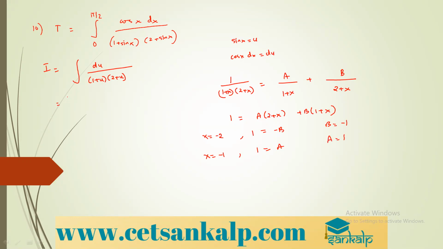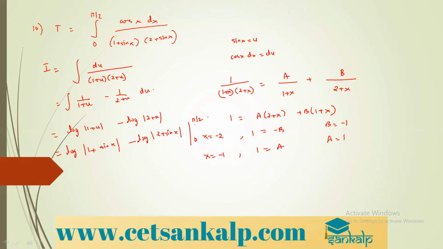That means the integral can be written as 1 by 1 plus u minus 1 by 2 plus u du. It will be log of 1 plus u minus log of 2 plus u, or log of 1 plus sine x minus log of 2 plus sine x. You will put 0 to pi by 2.